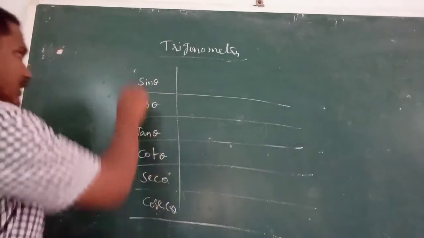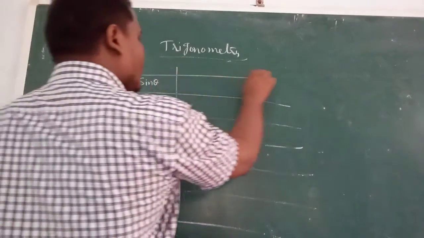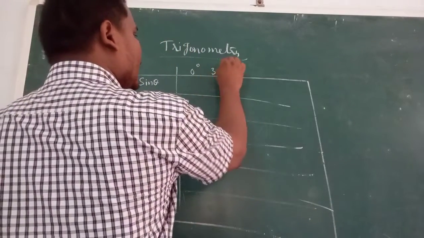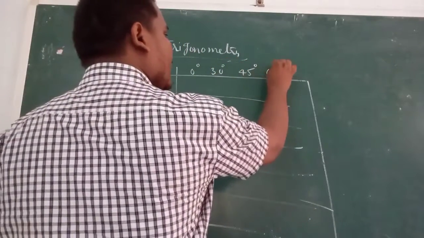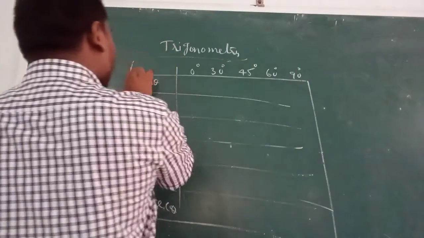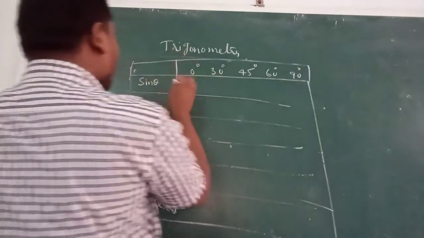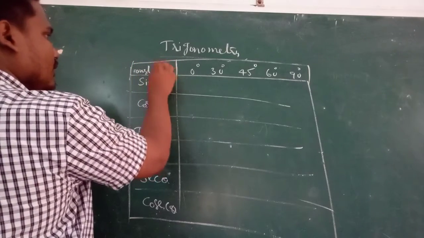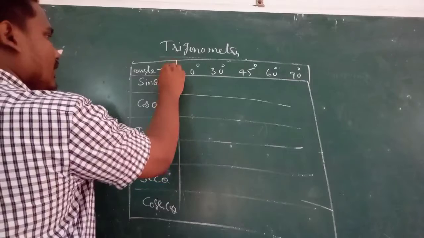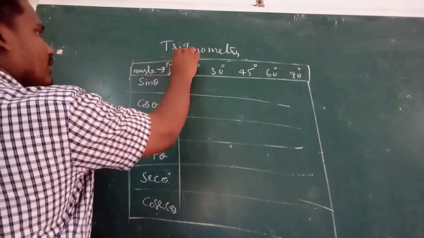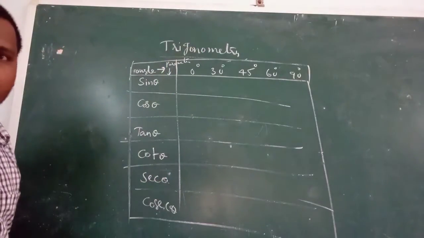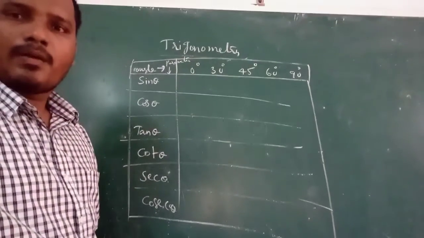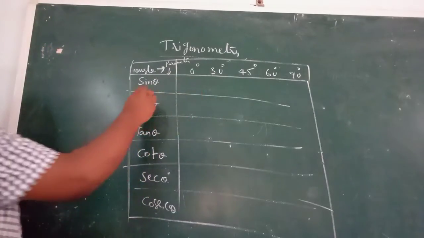This is the tabular form. Here you are taking 0 degrees, 30 degrees, 45 degrees, 60 degrees, 90 degrees. This is the angle, and here is the parameter. Down you are taking parameter, and up you are taking the values.